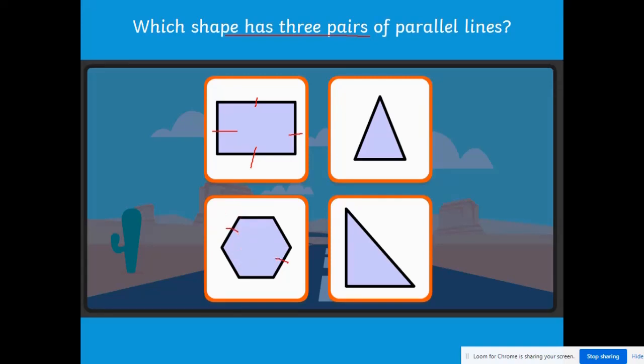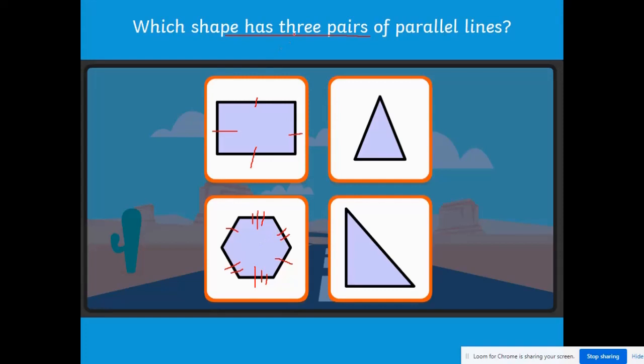One and another one. These two lines are parallel lines. This line and this line are parallel. This line and this line are parallel. All right. So how many pairs of parallel lines does this one have? One, two, three.